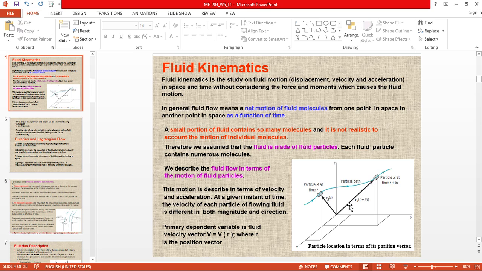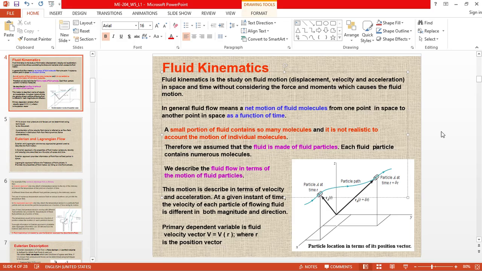So the position is subject to time, and we can say that both magnitude and direction of a particle are different as the time changes. Now the primary dependent variable is the fluid velocity vector V, which is a function of the position vector R, where R is the position vector. Let's move on to the next slide.